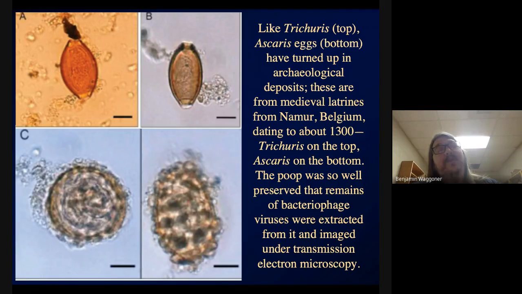So humans have been associated with Ascaris for quite a long time. I'm guessing it would have started becoming prevalent in human populations at about the same time that agriculture does, which is probably about the same time that Trichuris did. And for the same reason, people noticed that manure makes plants grow.